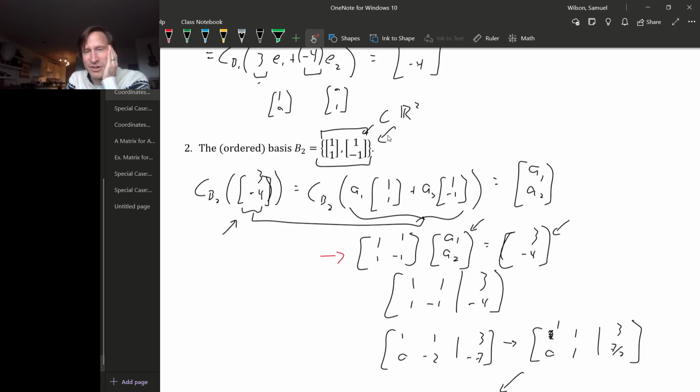So in this case, what we ultimately did was take this basis for R2, take the vector that we wanted, put it on the right-hand side, put the basis as columns into this matrix, and then solve this equation. That whole process is going to work essentially the same way if we have a basis for any Euclidean space, Rn. So let's look at that special case.